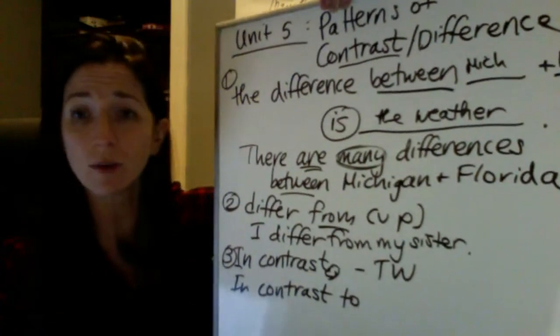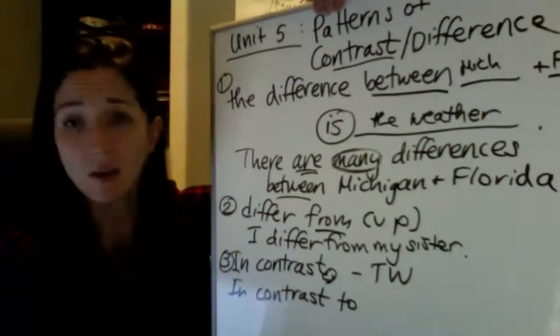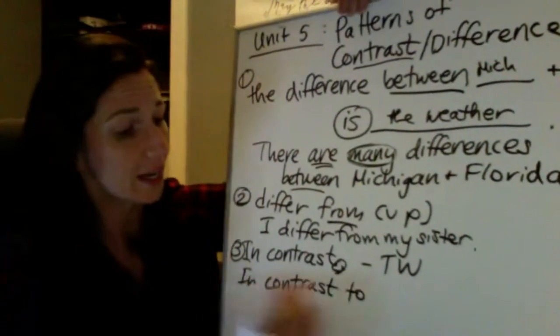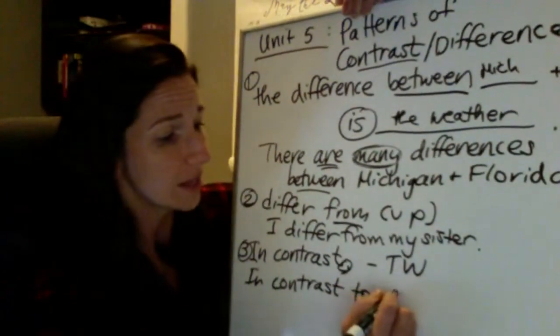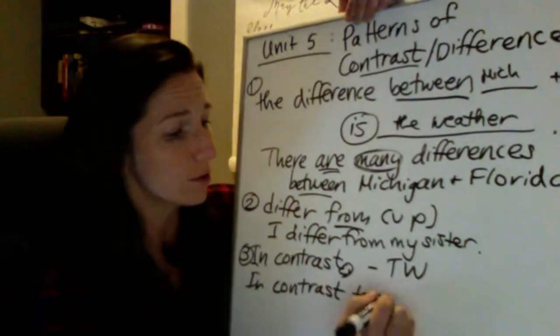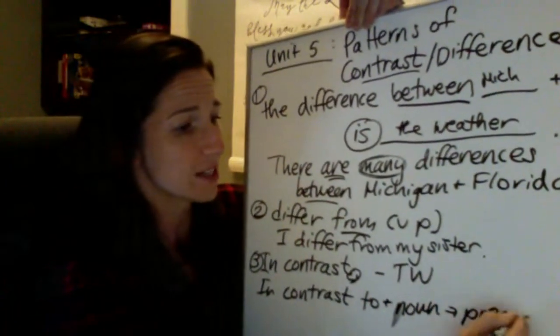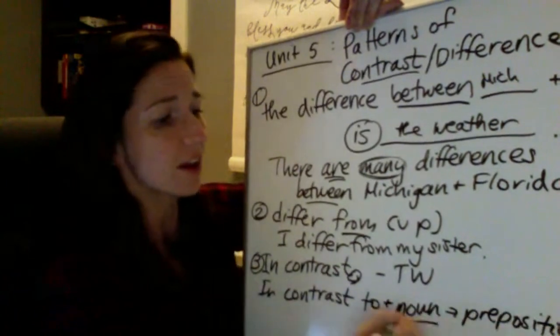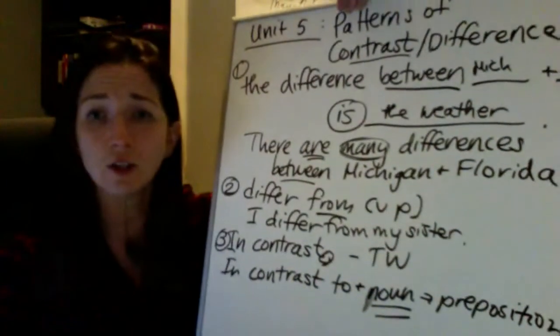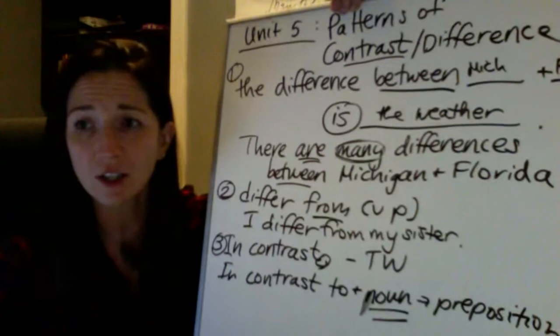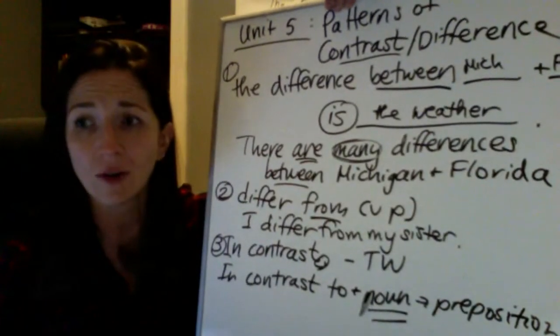You can also use it with a semicolon, just like we used all of our transition words. In contrast to is followed by a noun because it is actually a preposition phrase. So it's followed by a noun. In contrast to me, in contrast to you, in contrast to Florida.